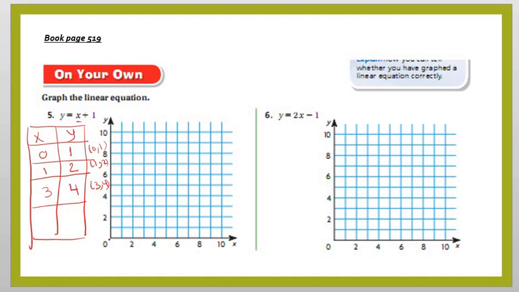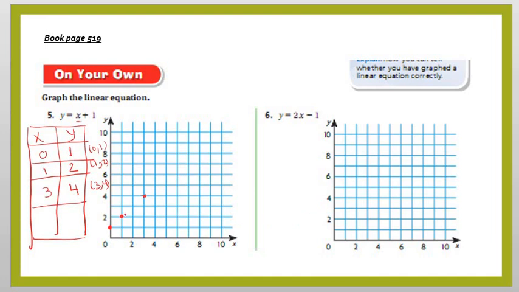So when X equals 0, Y will equal what? 1. So this is the first point. Okay? The second point, when X equals 1, Y equals what? 2. This is a second point. The third point, when X equals 3, Y equals what? 4. So this is my third point.